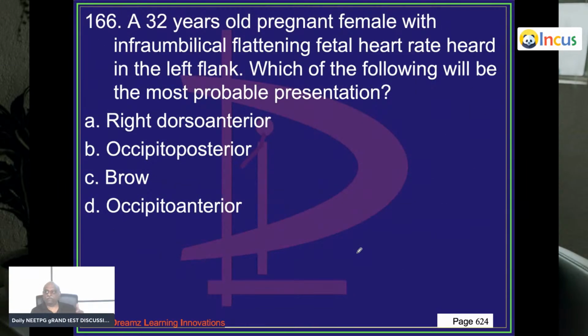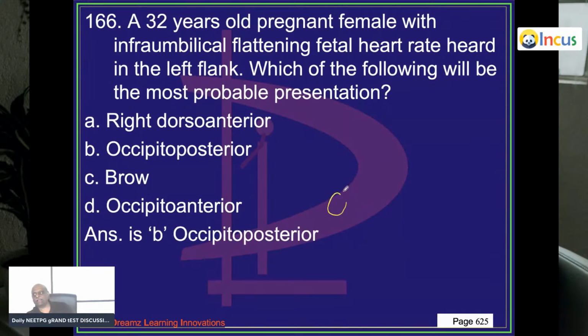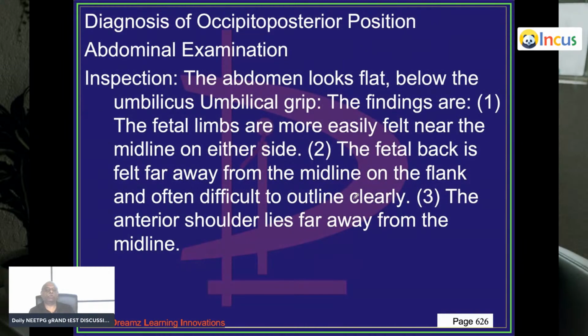32-year-old pregnant woman with infraumbilical flattening, fetal heart rate heard in the left flank. What is the cause? Classical occipito-posterior position. So how do you identify?